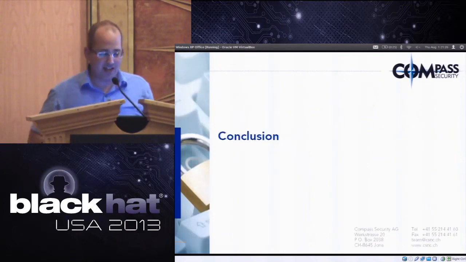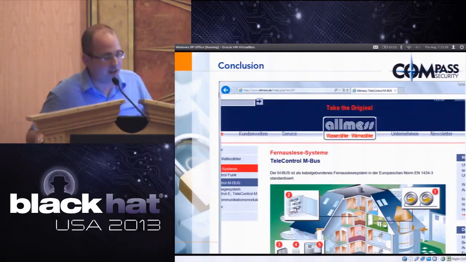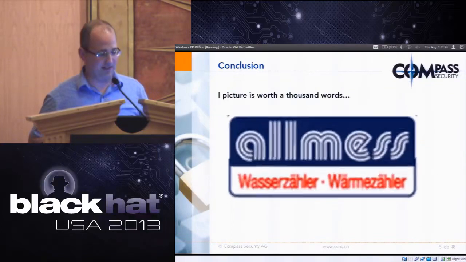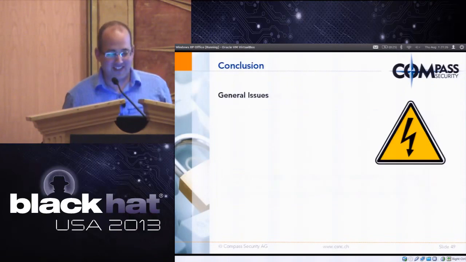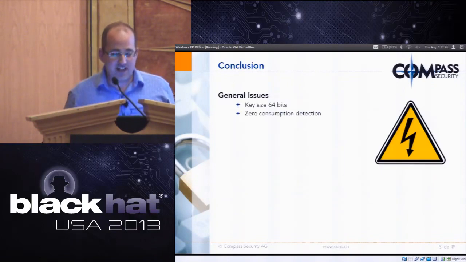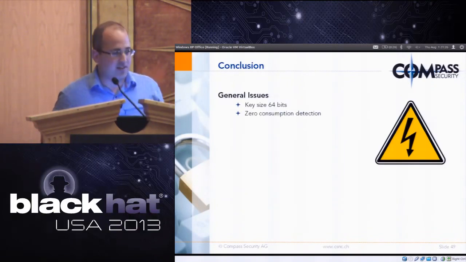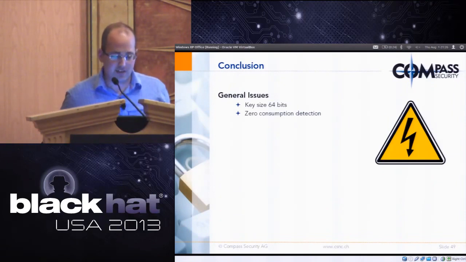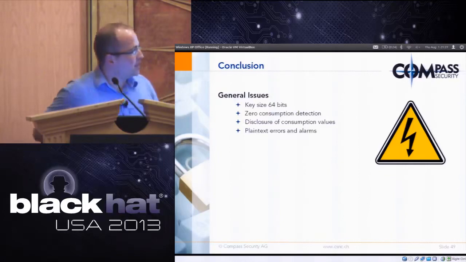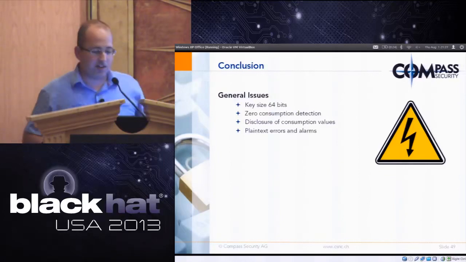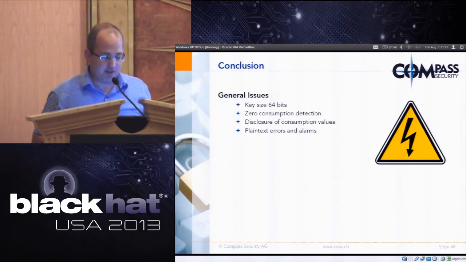Okay, to sum it up, actually there's a company in Germany which is specializing in installations of wireless and wired M-Bus, and its company name brings it pretty much to the point. So we have a key size of 64 bits because they say only 8 bytes must be different. We have zero consumption detection, disclosure of consumption values. We have information on alerts, on tampering triggers which were triggered.